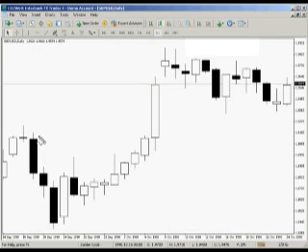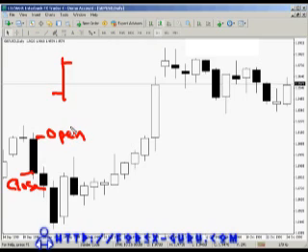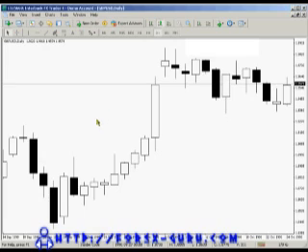Now, if the open is higher than the close, the bar is down. So here's the main difference. Remember, the bar had the line in the middle and then the two bumps, and the open was always on the left and the close is always on the right. That's how bar charts work. Well, the candlestick works in a very, very similar fashion.